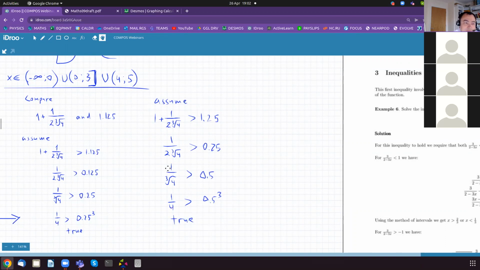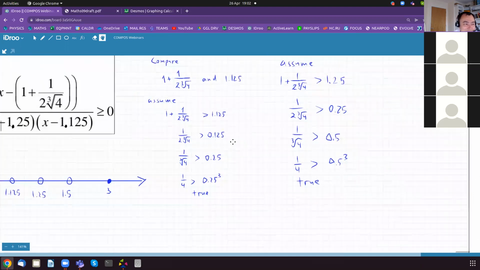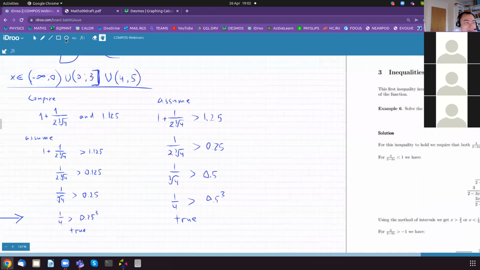Oh gosh, so I have to do the third one. This is 1.5. Assume 1 plus 1 over 2 cube root of 4 is greater than 1.5.